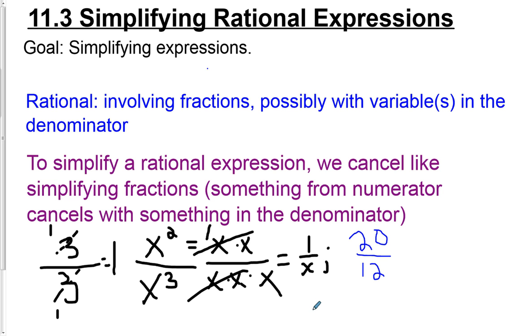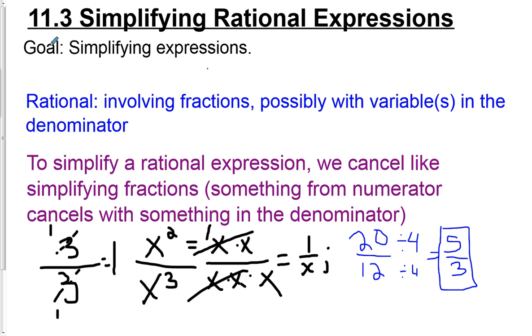We can count by 12s. 20, same thing, doesn't go into 12. However, they both are even, so we could divide by 2. They also both are multiples of 4. So when we simplify, I typically like to say, divide by 4, and then we'll get 20 divided by 4 is 5. 12 divided by 4 is 3, and 5/3 is completely simplified.